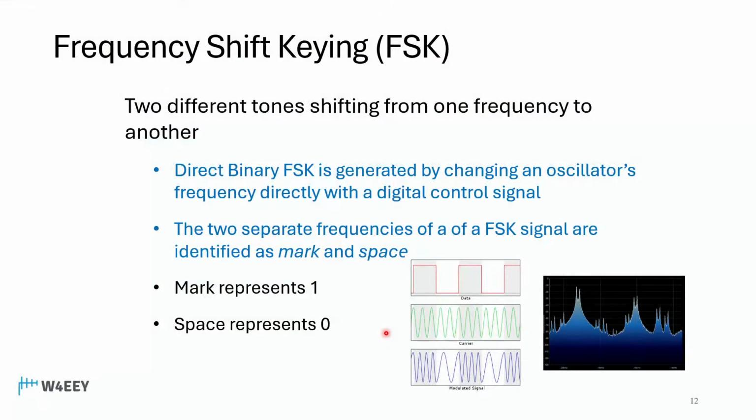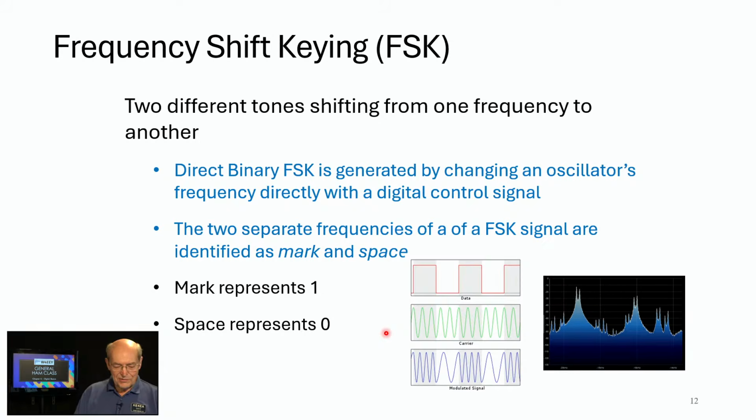And when the pen would come down and touch the paper, that would be a mark. When the pen was lifted off the paper, that was called a space. And that original terminology stayed with us all the way through today. So the 2 tones that we use in radio teletype are still called mark and space, even though no pens and paper rolls are involved. So I just thought that was really interesting.